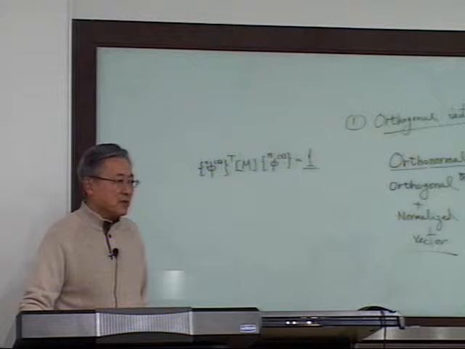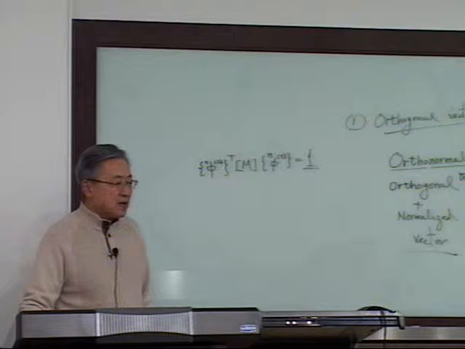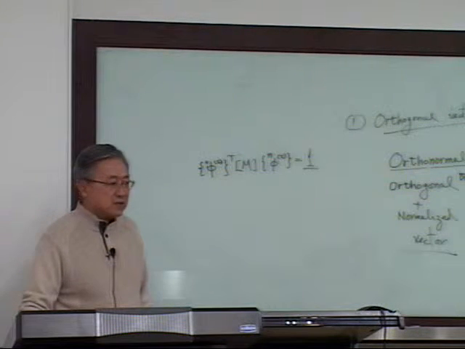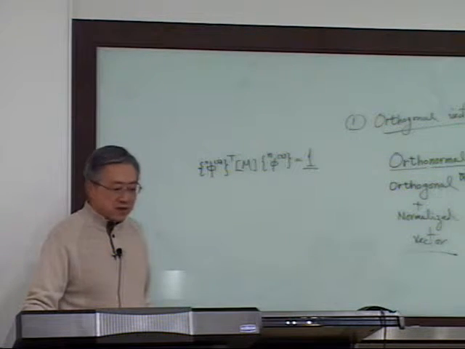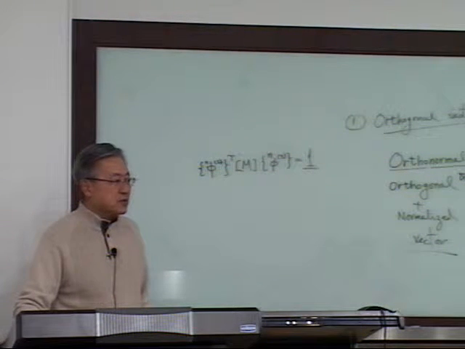It simplifies quite a bit. Phi transpose m phi is the identity matrix. Identity matrix times the eta vector is the eta vector itself.